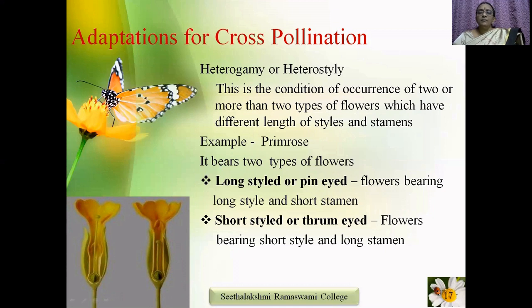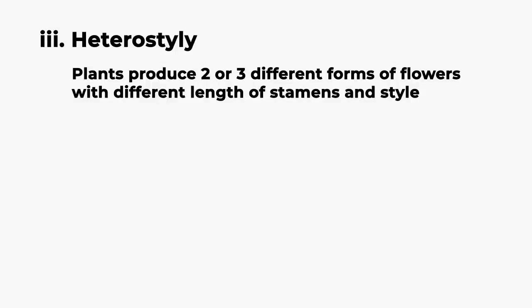In the second type, just vice versa, the anthers are placed at the entrance while the stigma is deep down. Moreover, in this case, the pollen grains are larger and the stigmatic papillae much smaller. Let us learn heterostyly in detail.